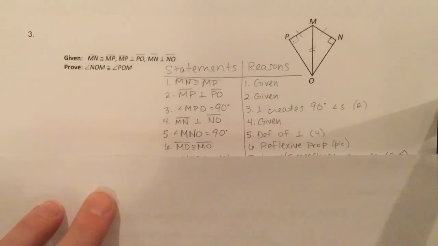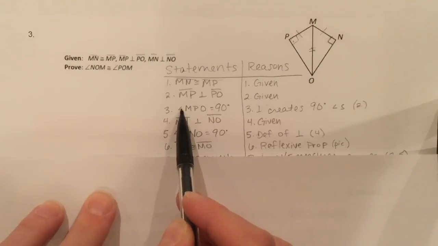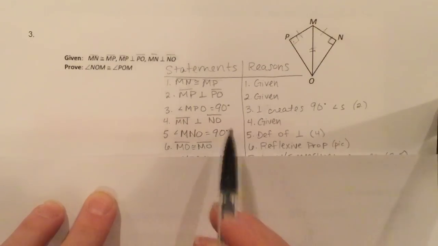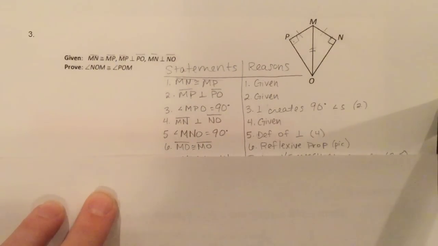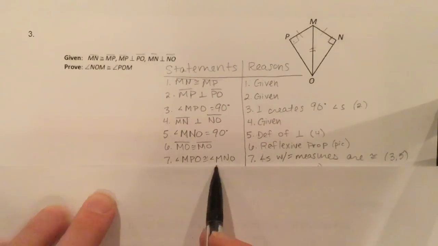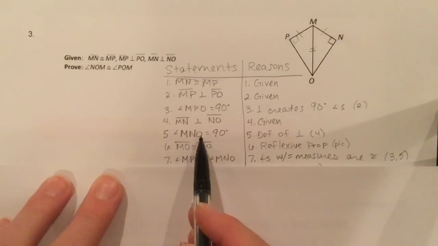Now, I have enough information to say the two triangles are congruent. Oh, not yet. One step I forgot. I don't have enough information yet. All I've said about angle MPO and angle MNO is that they both equal 90 degrees. We actually have to write out a step saying that they're congruent to each other. So angle MPO is congruent to angle MNO.